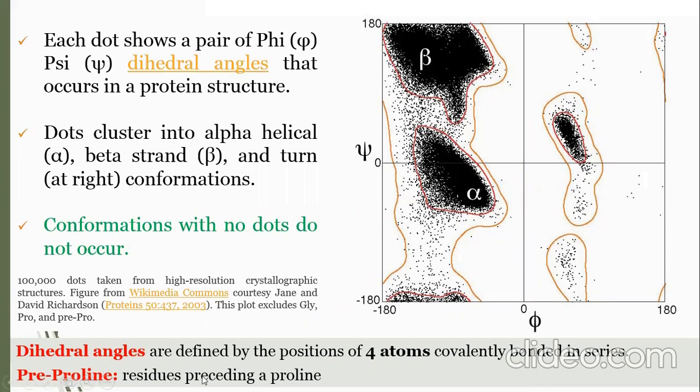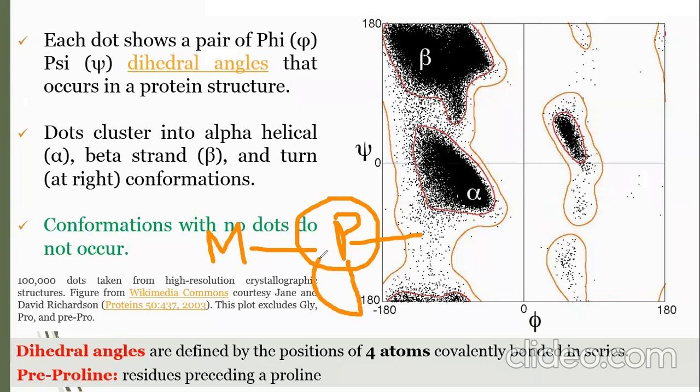And pre-proline: we have a proline amino acid in a peptide chain. This proline will behave differently from other amino acids. But pre-proline, say there is methionine before proline. The proline's alkyl group is attached to the amino group, so this pre-proline will also behave differently from a normal amino acid.